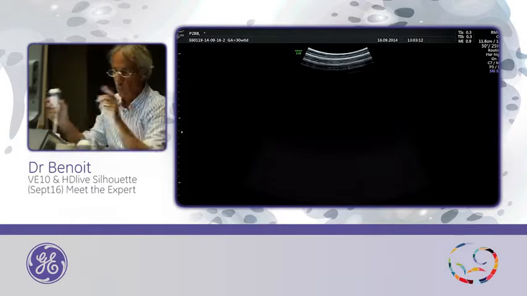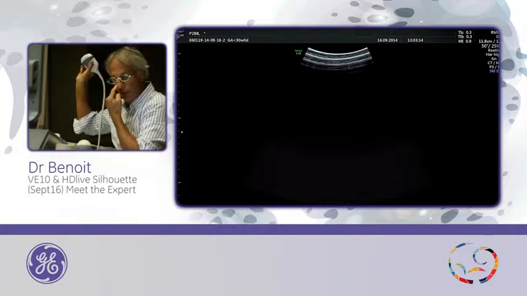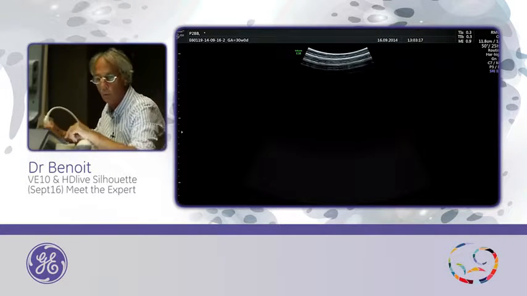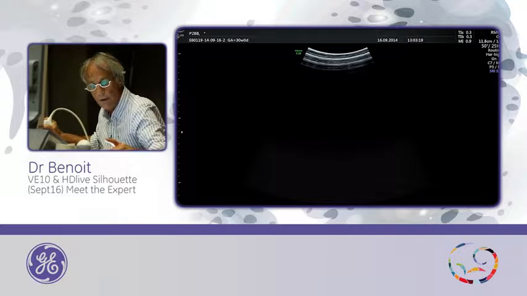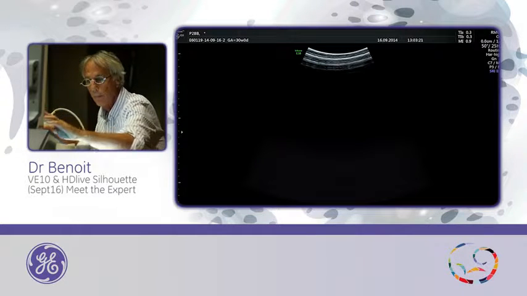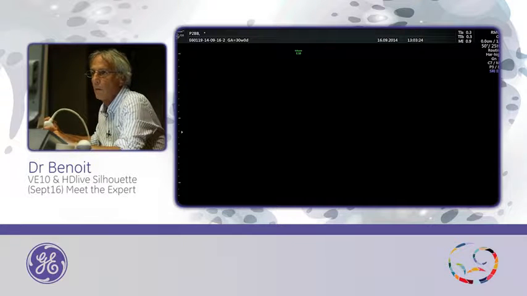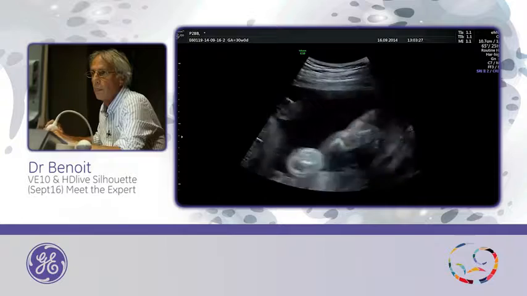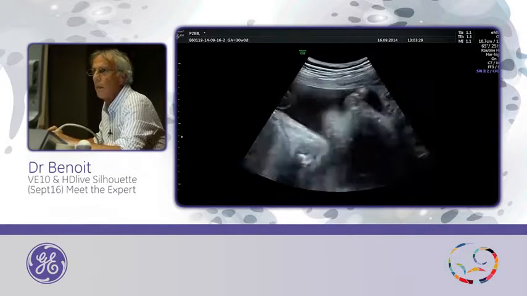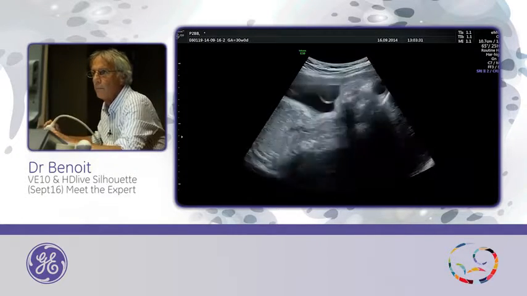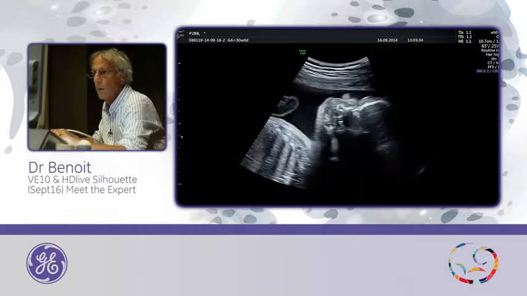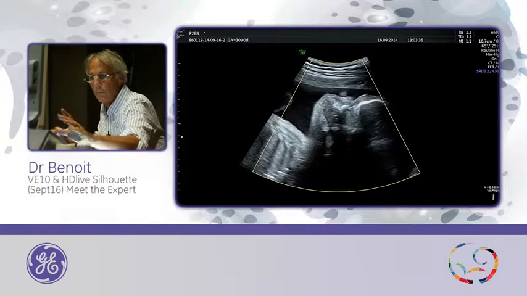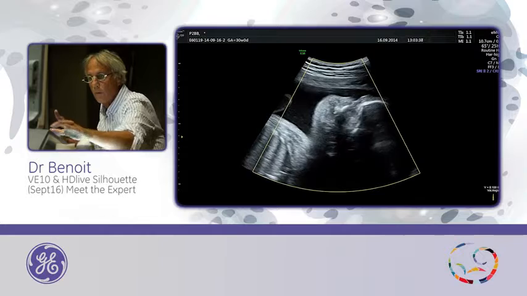Because the baby is moving, I will use 4D, and this is really the main advantage of the electronic probe, because you can have a really fast 4D. So I will do it 4D, face.